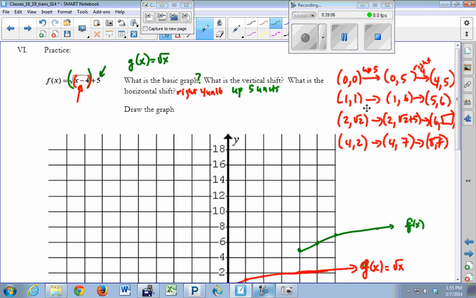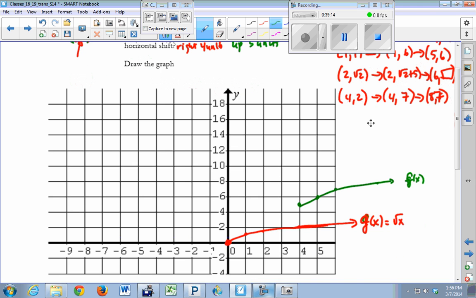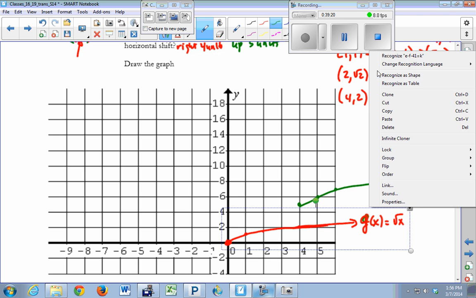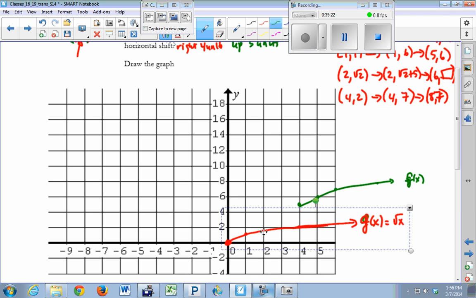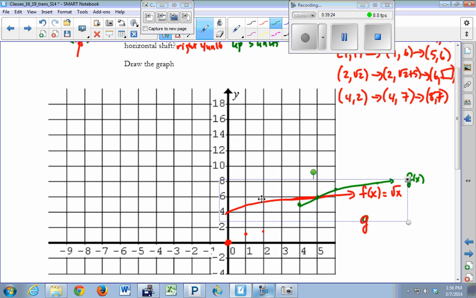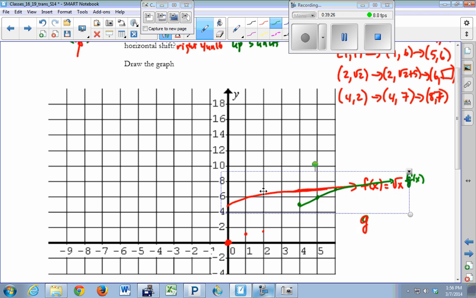So the question of the hour is, I chose to move up 5 first, change all my y values. So I was literally picking up this function right here, like if I took this function and I copied it and I just literally moved it up 5 units. Okay, I did that first.